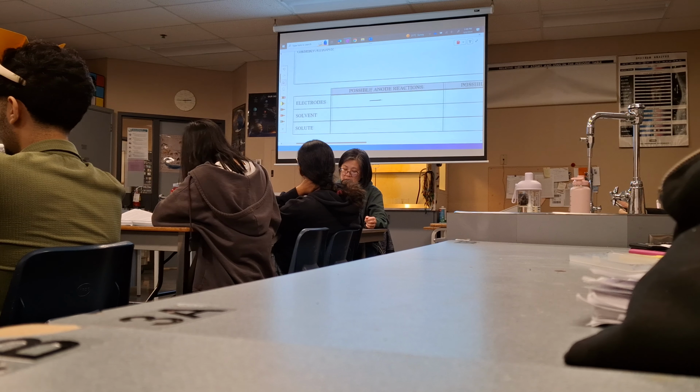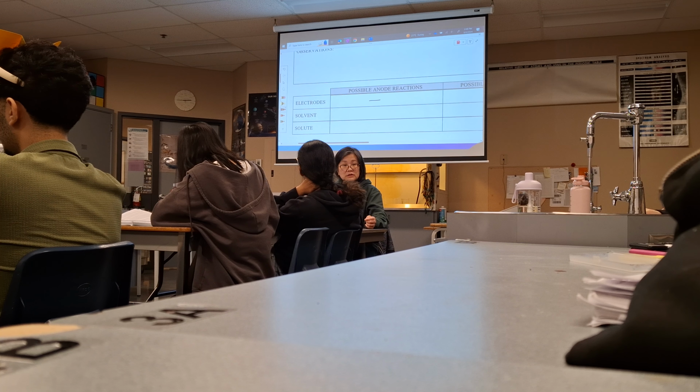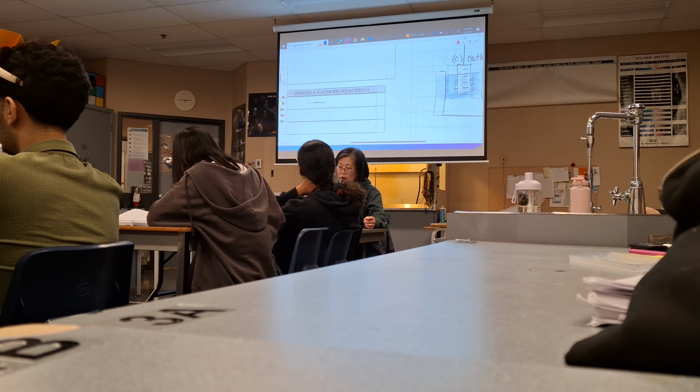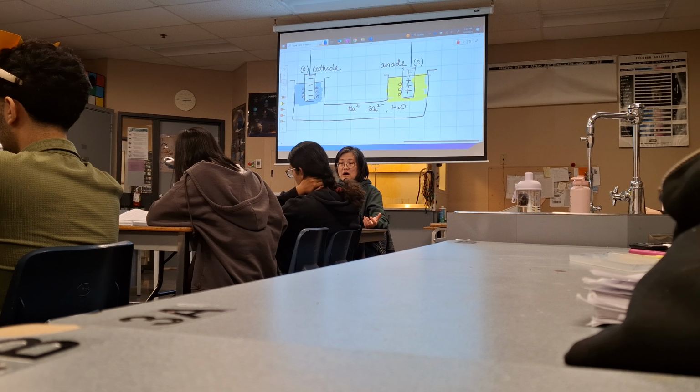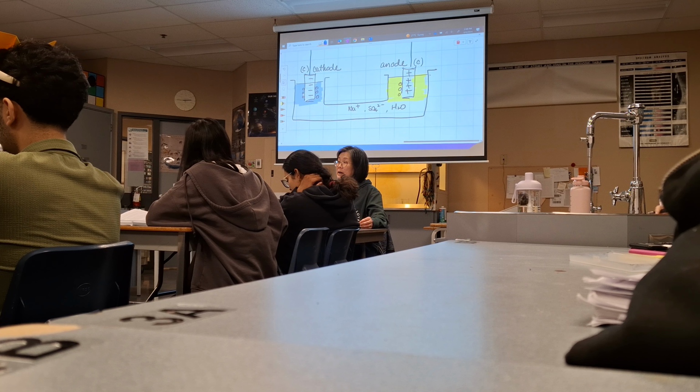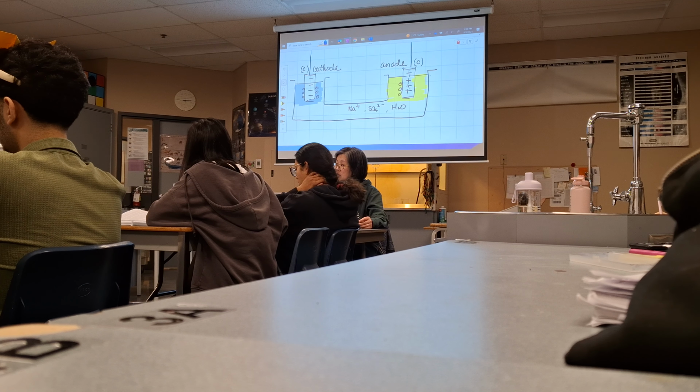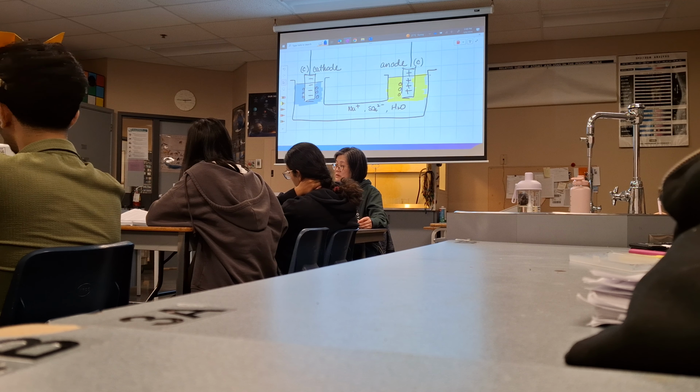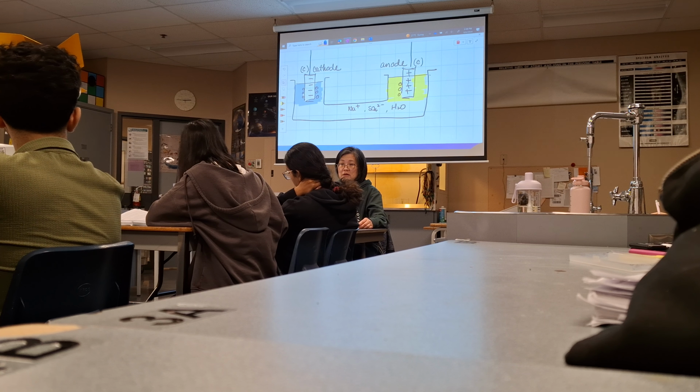Now at this point in time, you have the solvent. So what is the identity of my solvent in this particular setup? What's a solvent that dissolves everything? It's the what?